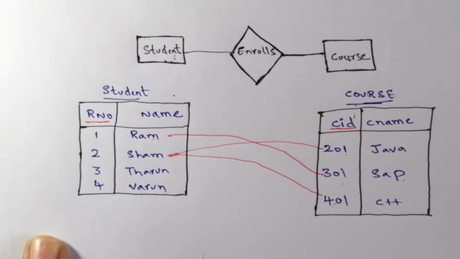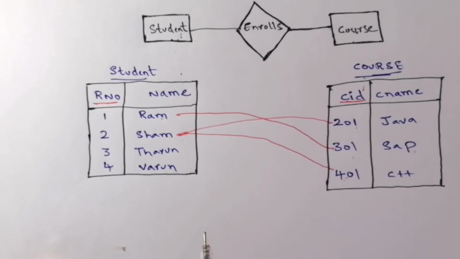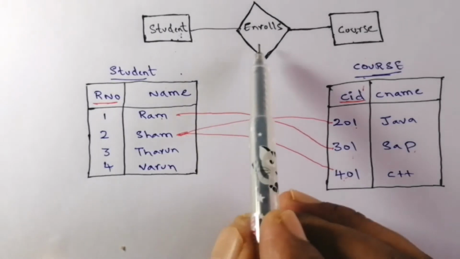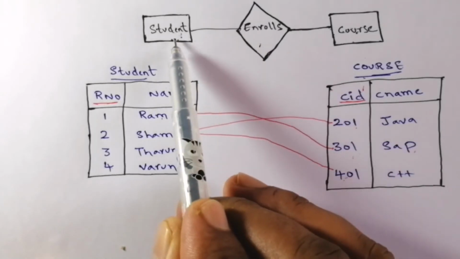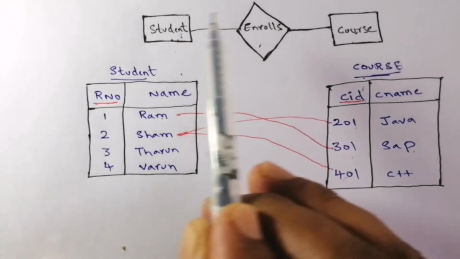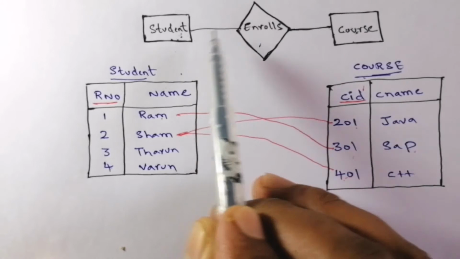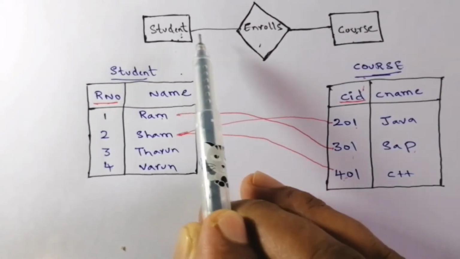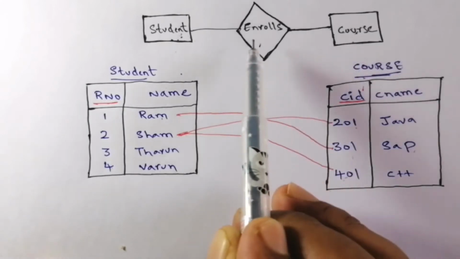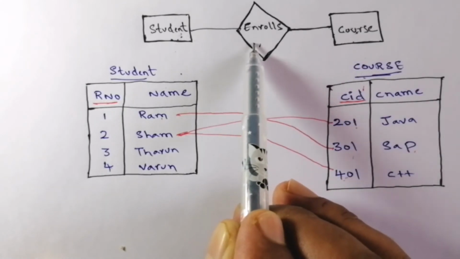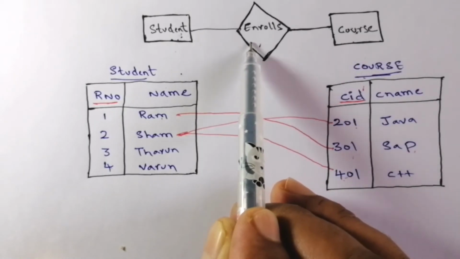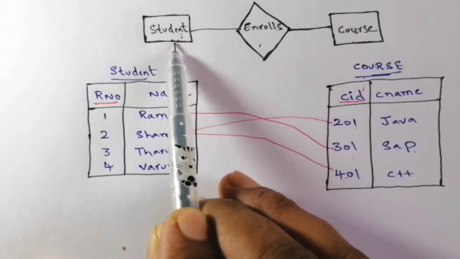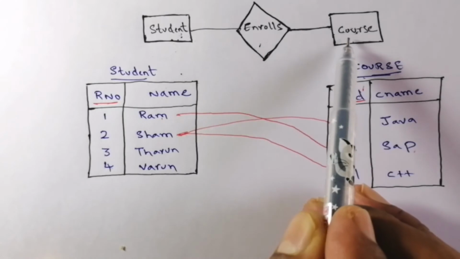A relationship takes the attributes of its associated entities. What are its associated entities? One is the student and another is the course. So this relationship, enrolls, takes the attributes from the entity student, and also from the entity course.